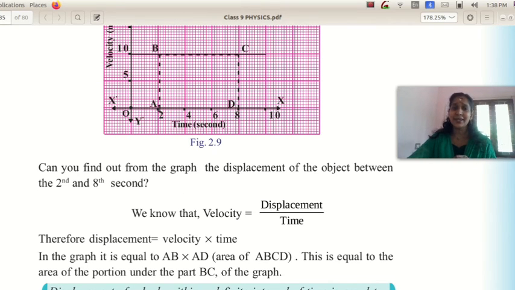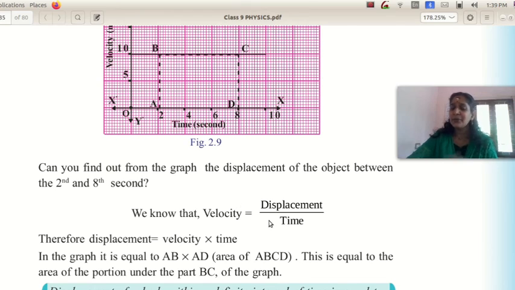At 2 second, how much distance has it moved from its initial position? At 8th second, how much distance has it moved from its initial position? You know, displacement is the distance between the final position and the initial position.